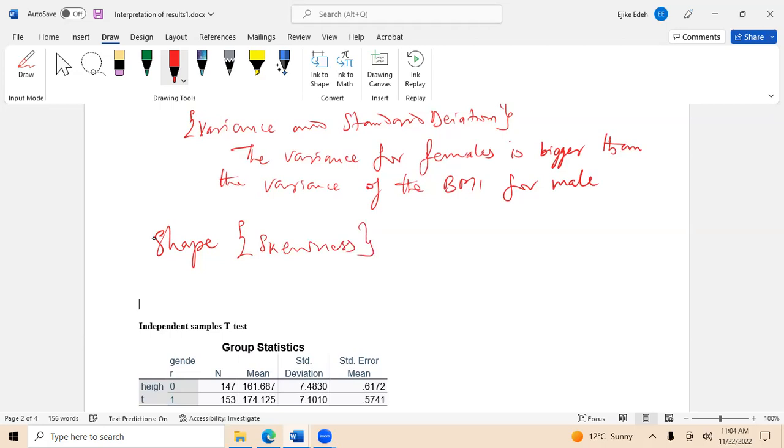We could tell that female BMI is right skewed.